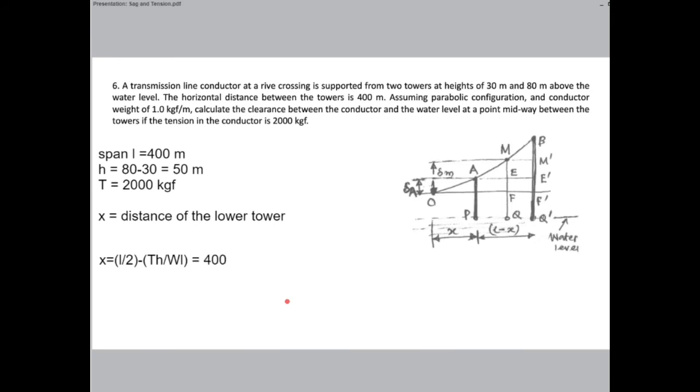L is 400 over 2, minus T is 2000 times H, 50, divided by W and L, so it's 400 times 1. Find out the value and tell me what is the value of x.